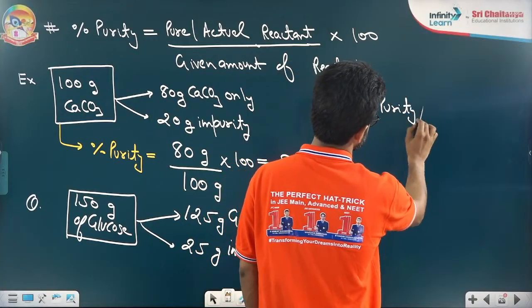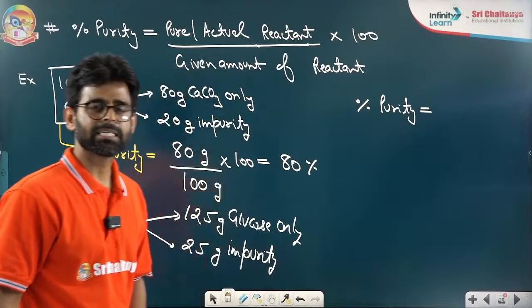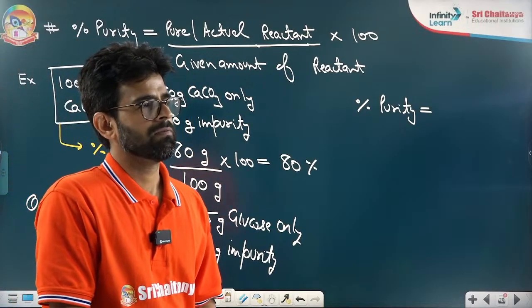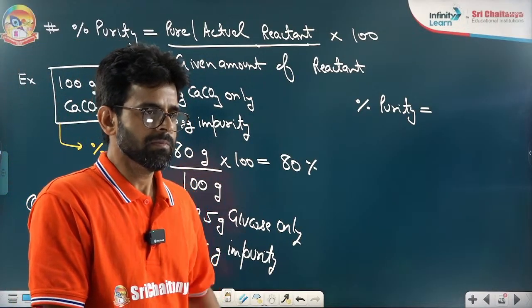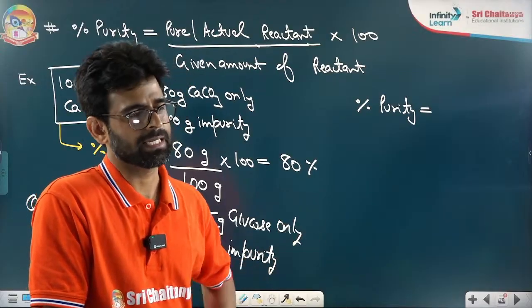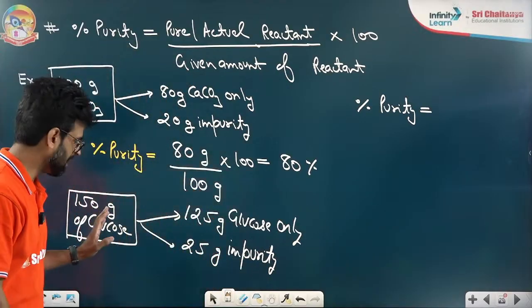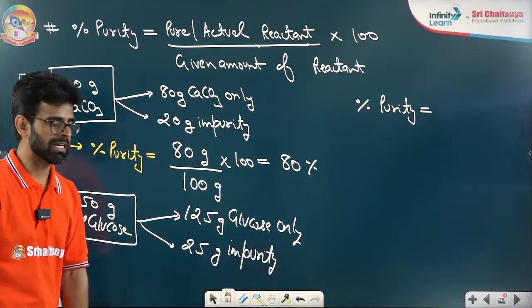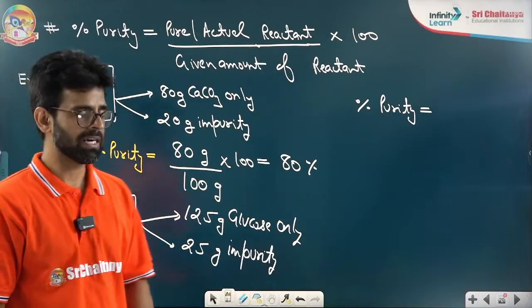Yes, beta, what is the percentage purity? In this case, how much purity is there? In a 150 gram packet of glucose, only 125 gram is glucose and 25 gram is impurity.